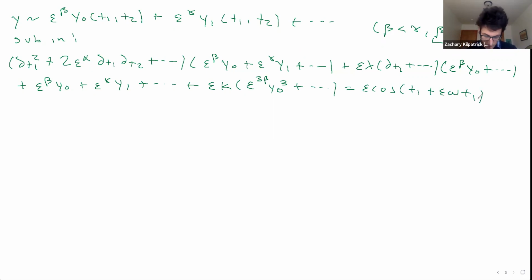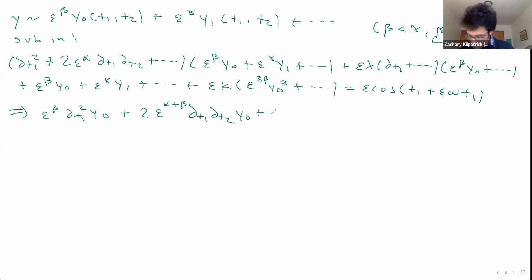Okay, fine. So let's group everything together. A bit of algebra and we get epsilon to the beta dT1 squared y0 plus 2 epsilon to the alpha plus beta dt1 dt2 y0. So we get this interesting mixture of all these arbitrary powers.